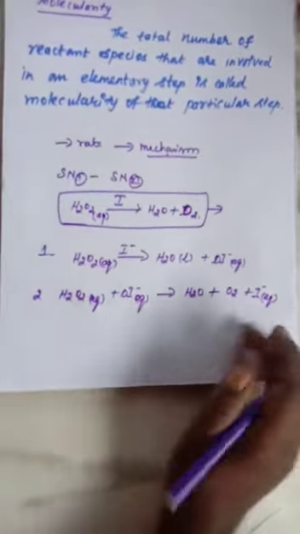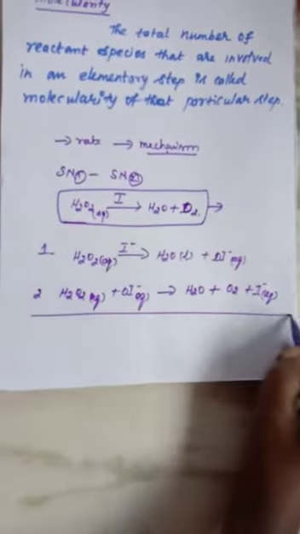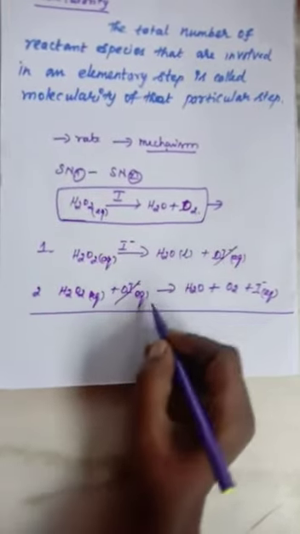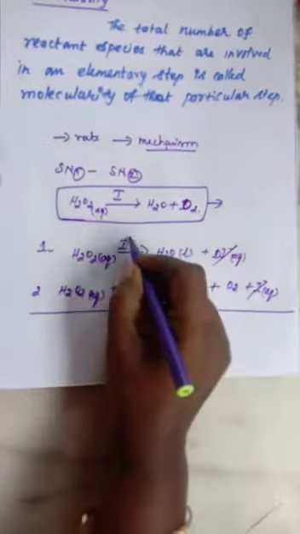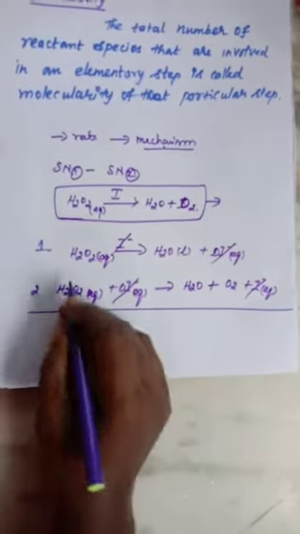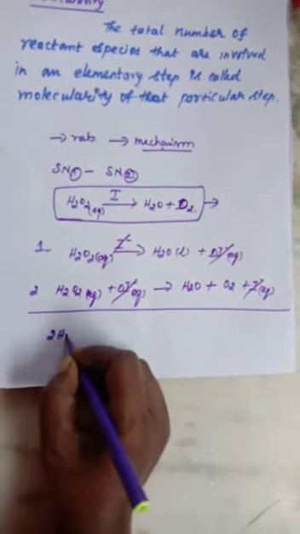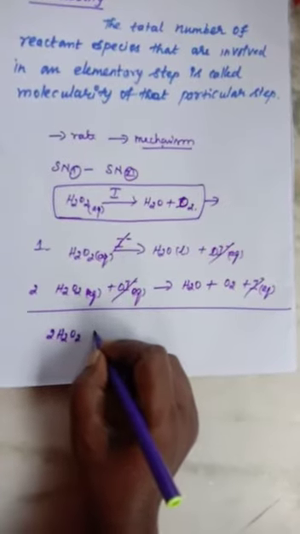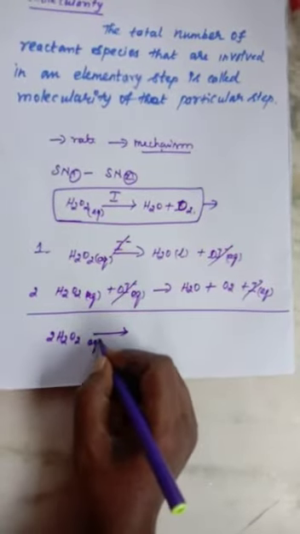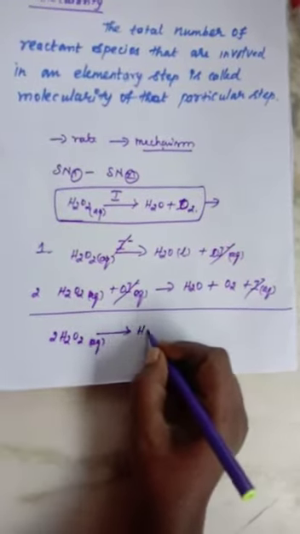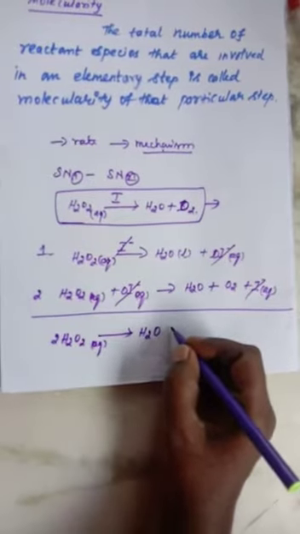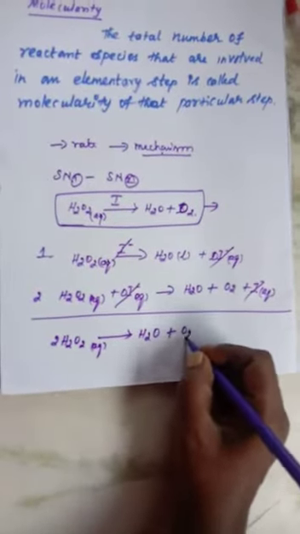So now how do you find out the overall reaction? Cancel the similar terms, then 2H2O2 gives 2H2O plus oxygen.